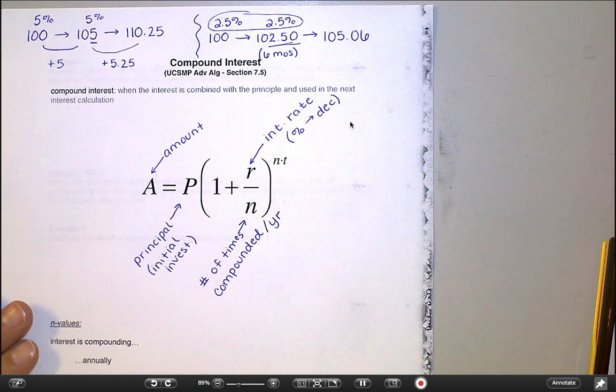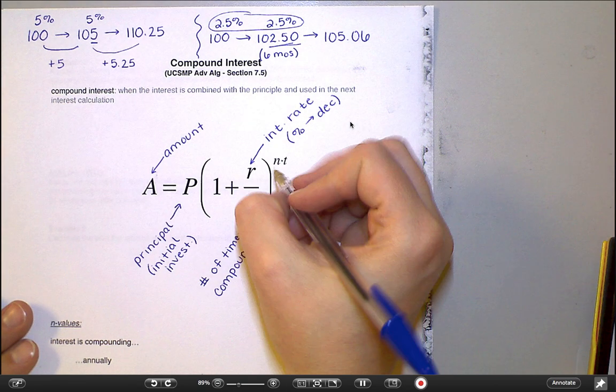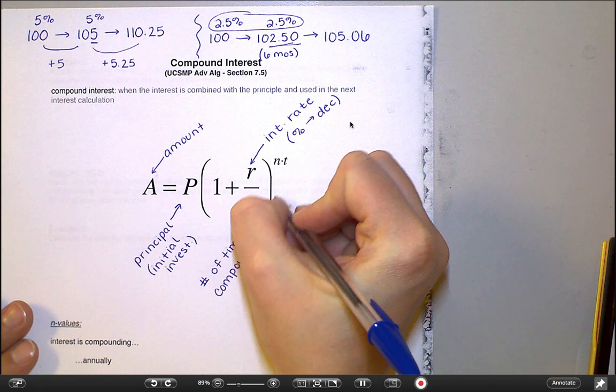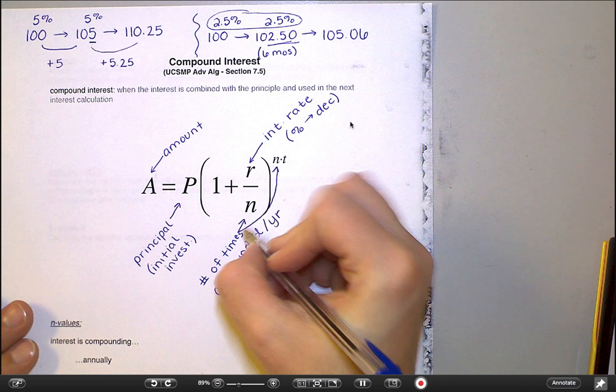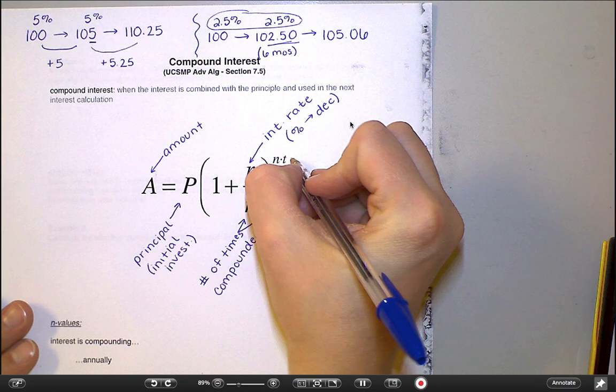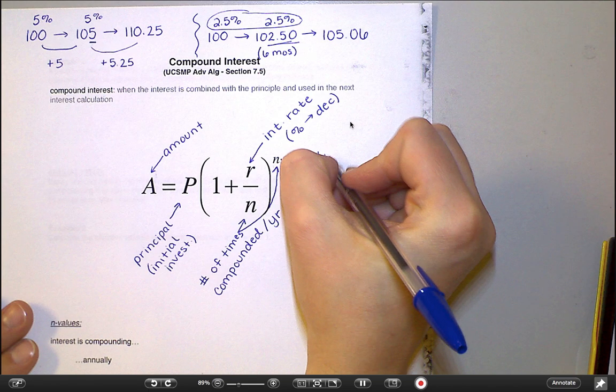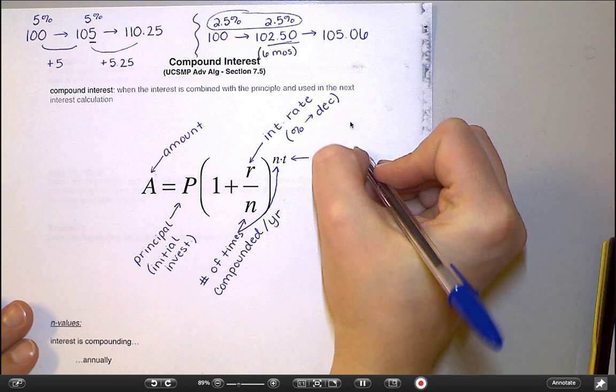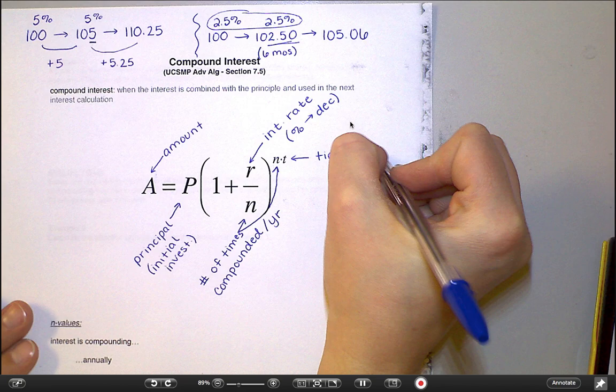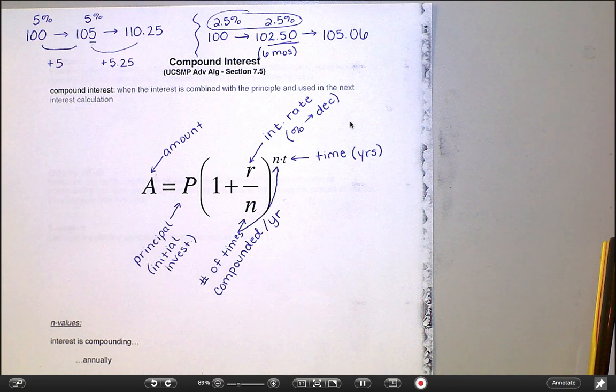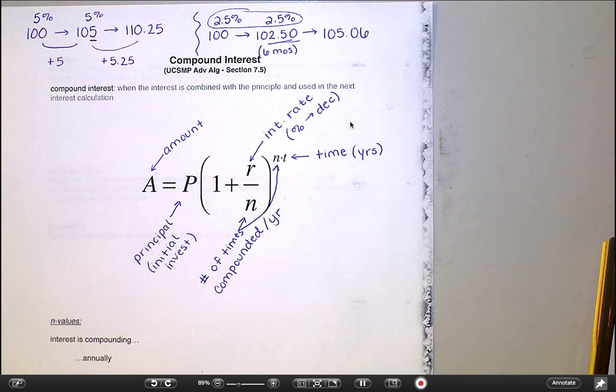This N here is the same as the N down there, so the N shows up twice in your formula. And then T represents time, always being measured in years. If you need to pause for a second and get caught up on all those pieces, we will put this formula into use in just a minute, but that's what all of the things represent.